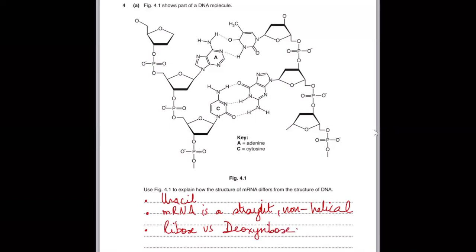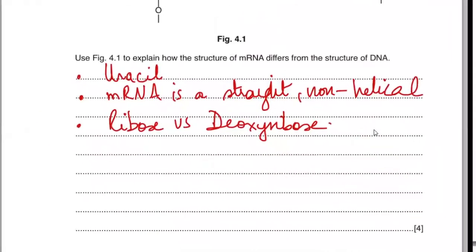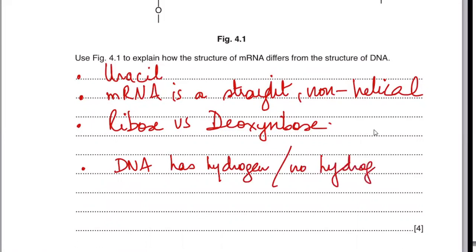One more difference, yes, Amna. Miss, DNA has hydrogen bonding. RNA does not have hydrogen bonding. And I can also tell you one more difference: DNA is double-stranded, RNA is single-stranded.